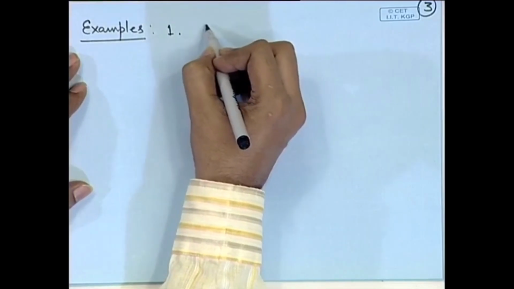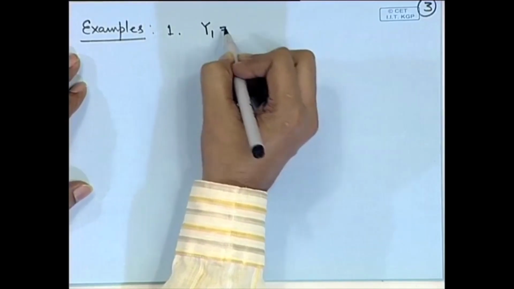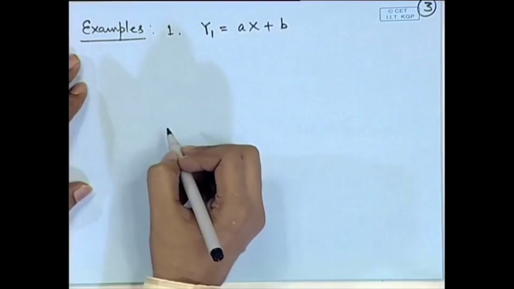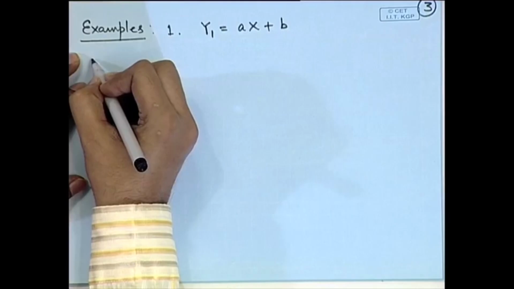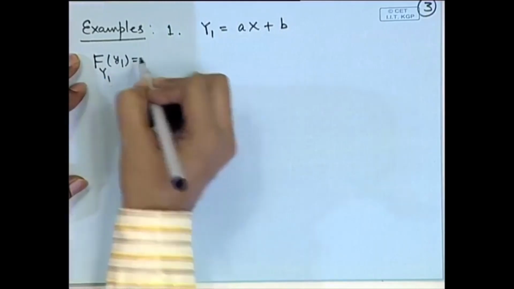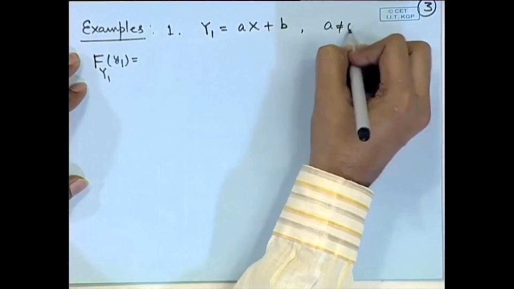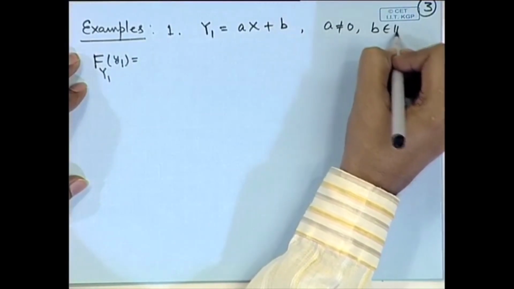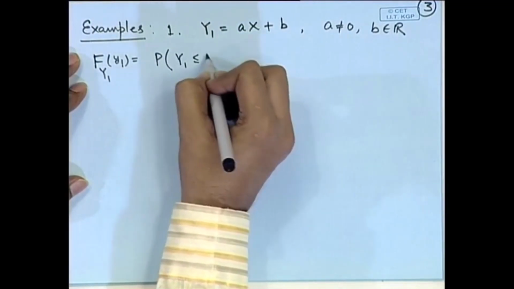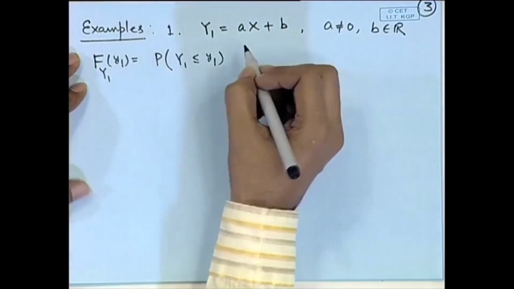So, let us consider a function, say y1 equal to a x plus b, where a is a non-zero constant and b is any real number. If we are looking at the CDF of y1, this is the probability of y1 less than or equal to small y1.